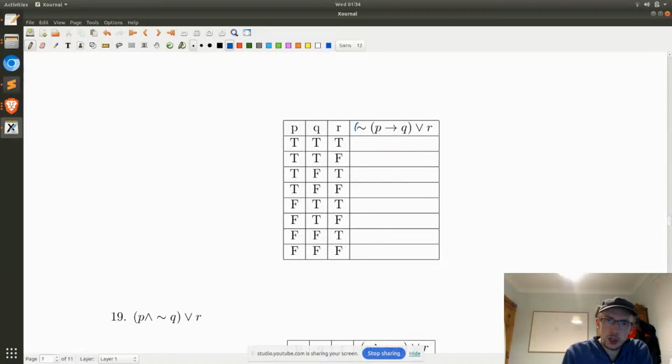The negation of that. So whenever R is true, this whole thing has to be true. True, true, true, true. Now, when R is false, just that there has to evaluate as true. So true implies true. True. That is false. So false.